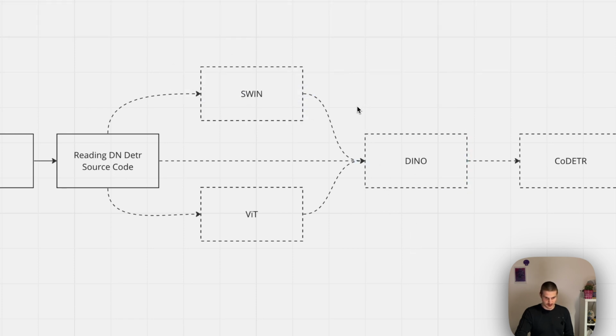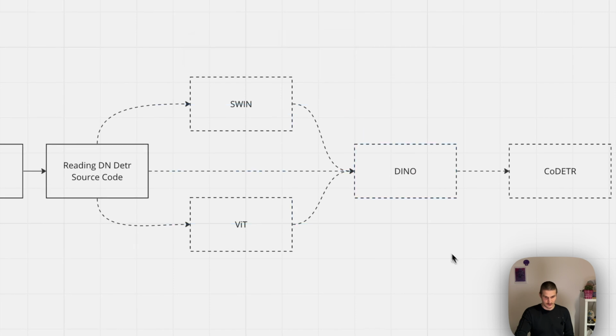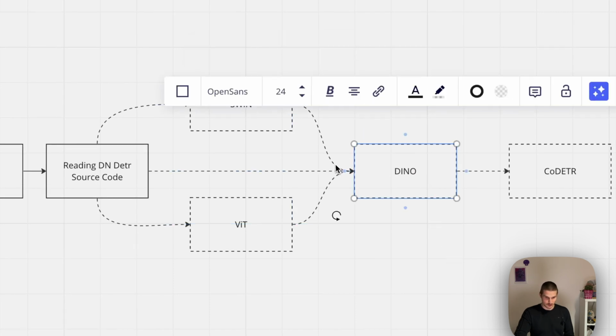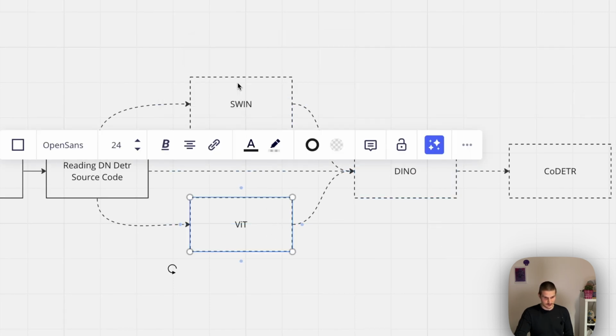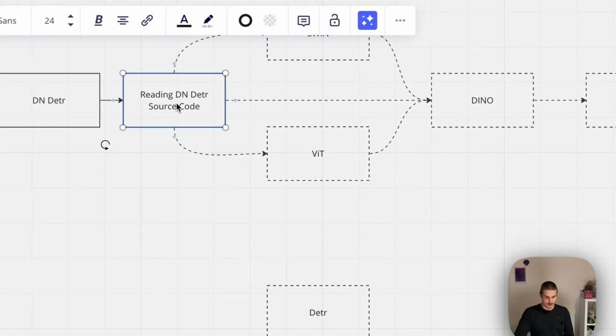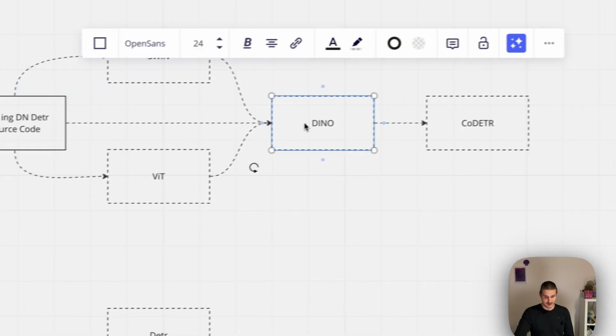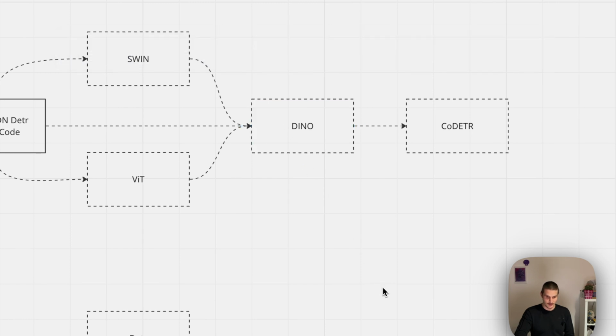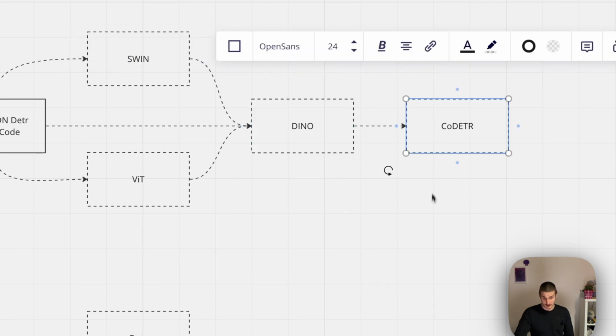Both of these are used in the famous model called DINO, which combines the improved backbone with denoising DETR and some extra techniques on top of that. And then finally, the current state of the art called CoDETR, which also inherits heavily from all the modules I've just described.